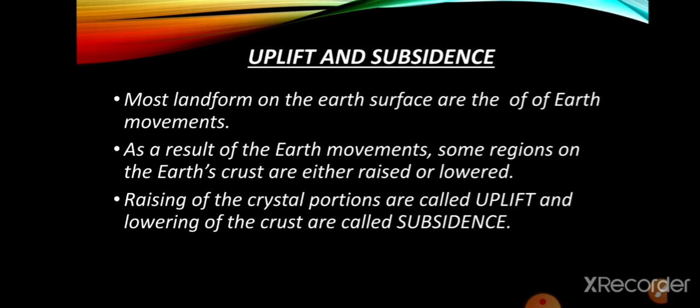The raising of the crustal portions is called uplift, that is, due to the earth movement the land is uplifting. Rising of the crust layer is known as uplift, and the lowering of the crust is called subsidence. Lowering of the crust is known as subsidence.